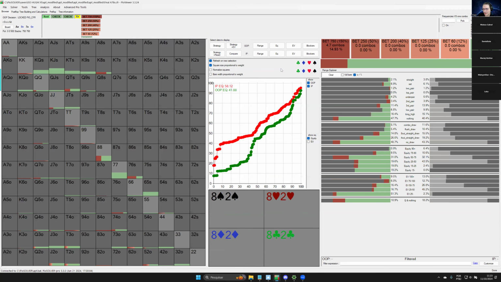So on those diamond turns, there's just open shoving, which is huge, like 150% of the pot. But it's very low frequency. Why? Because we don't have many of those combinations that would shove.